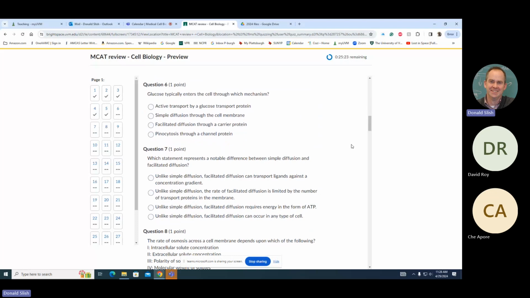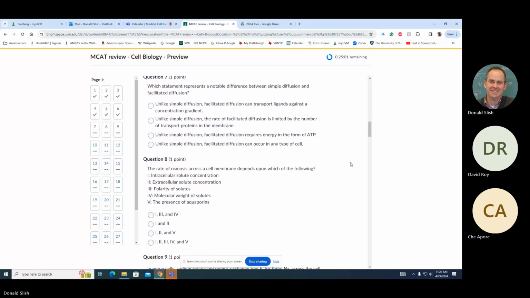Glucose typically enters the cell through which mechanism? That's pretty easy. It can enter through simple diffusion. There are mechanisms for this, and if there's glucose in the solution, phosphorylation will pick it up, but usually it's just going to be facilitated diffusion. Which statement represents a notable difference between simple and facilitated diffusion?